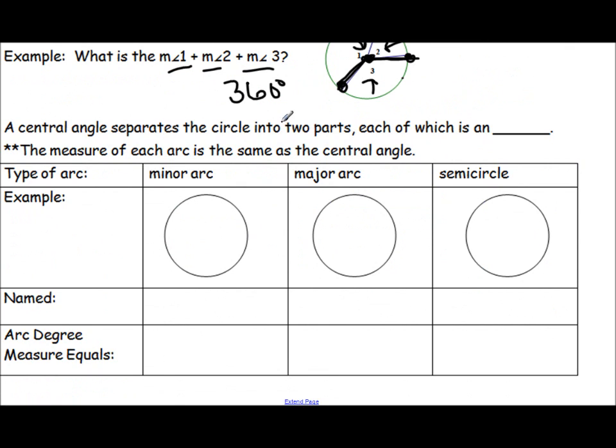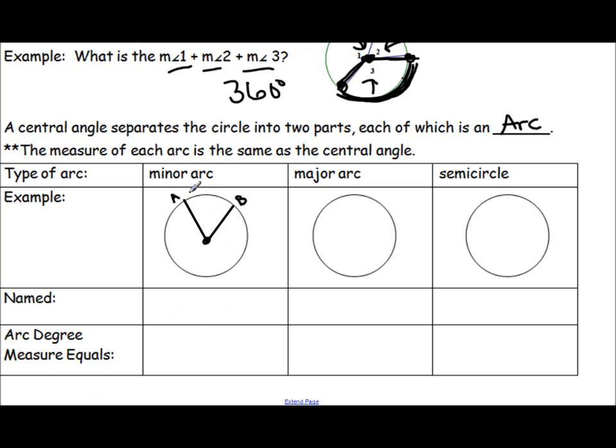A central angle separates the circle into two parts. Each part is called an arc. So this right here, formed by angle 3, is called an arc. There are three types of arc. There's a minor arc, and a minor arc is formed by a central angle less than 180 degrees.